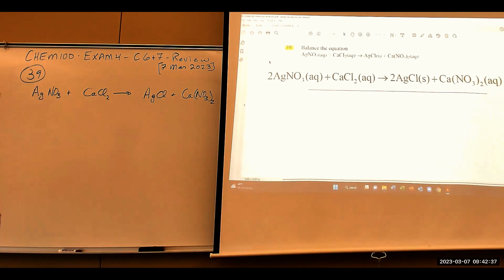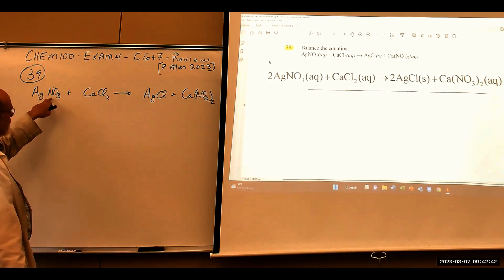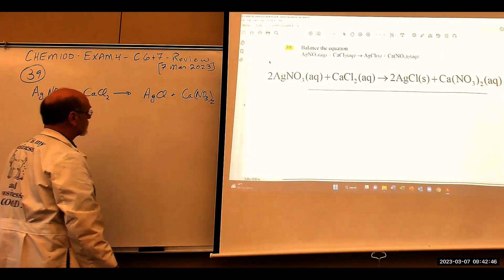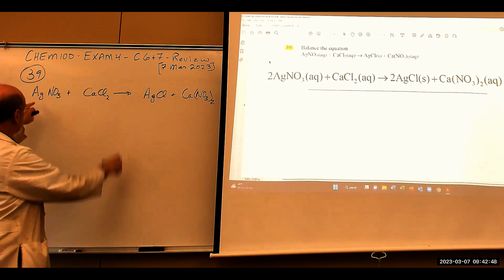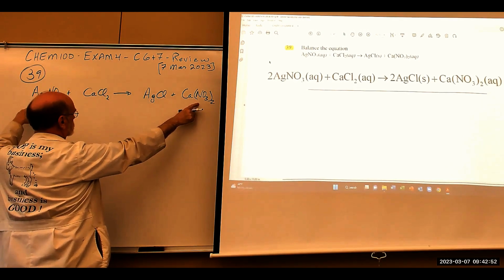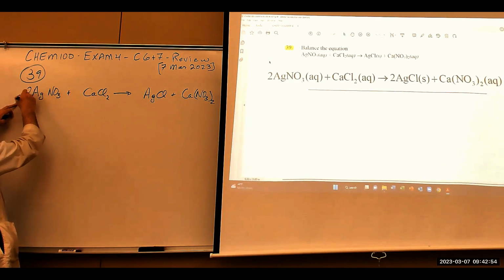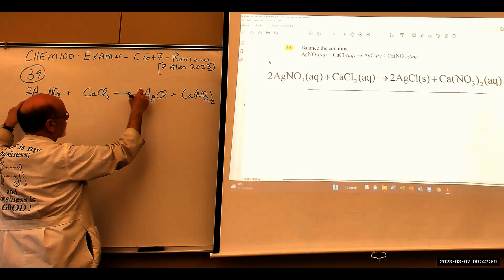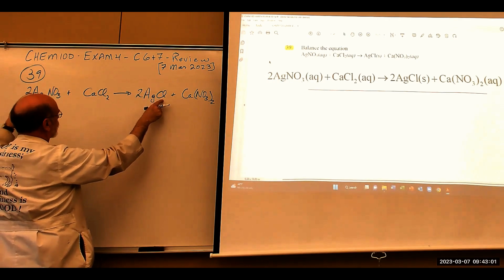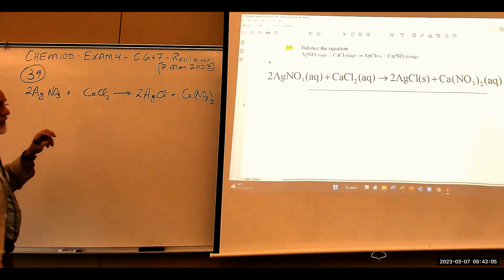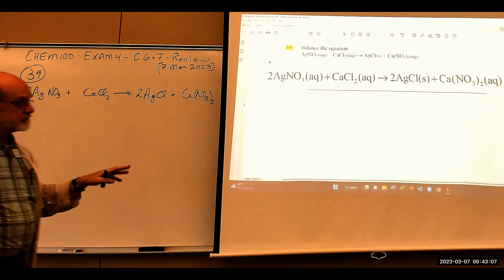All right. So we've got a nitrate here and a nitrate here. We can use that as a balancing unit. We've got one silver, one silver. We need two nitrates. So let's do this. That gives us two nitrates. We need two silvers. That gives us two silvers and two chlorides. And we got two chlorides here and one calcium, one calcium. So that balances our equation.